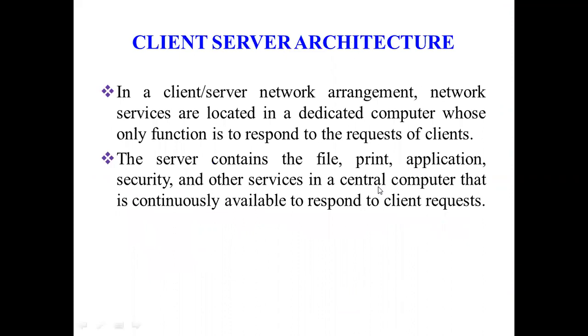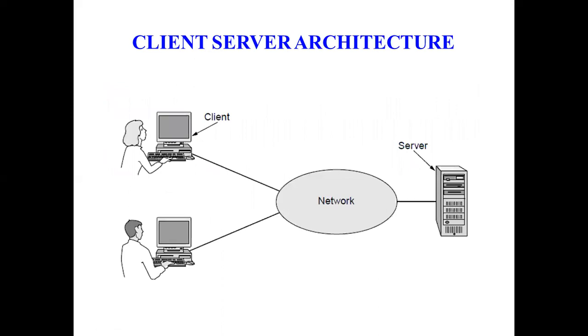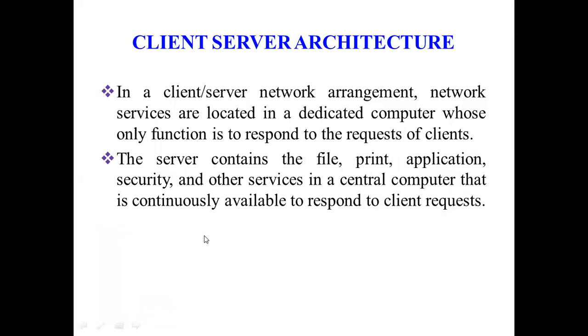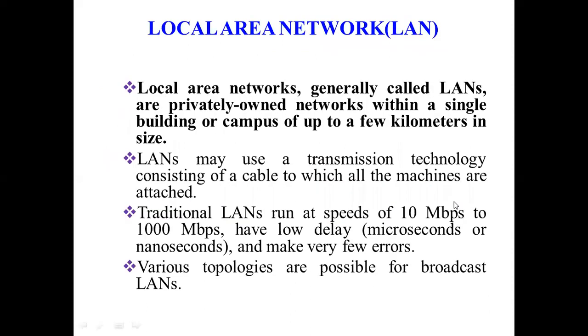Now, in a client server, the server will contain the file, the print application, and other things in a central computer. This central computer will respond to the client requests. Based upon this arrangement only, there is a client server architecture.